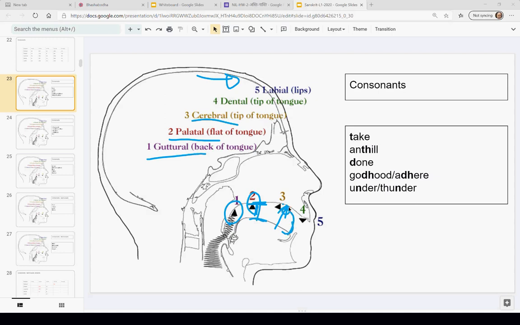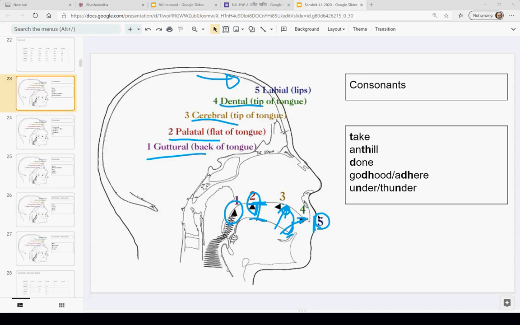The tip of the tongue rolled touches here. And number 4 is back of teeth, the tip of the tongue touching the back of the front teeth. That is the dental position. The fourth line, ta, tha, da, dha, na. And the last one is just the lips touching each other. Pa, pha, ba, bha, ma.